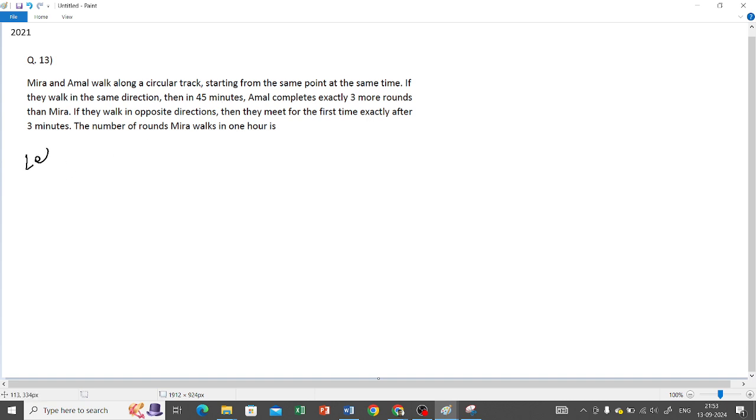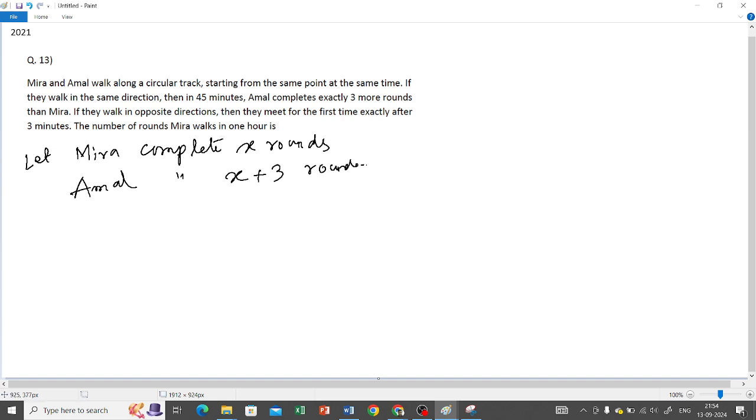So let Meera complete x rounds. Amal completes x plus 3 rounds, right?